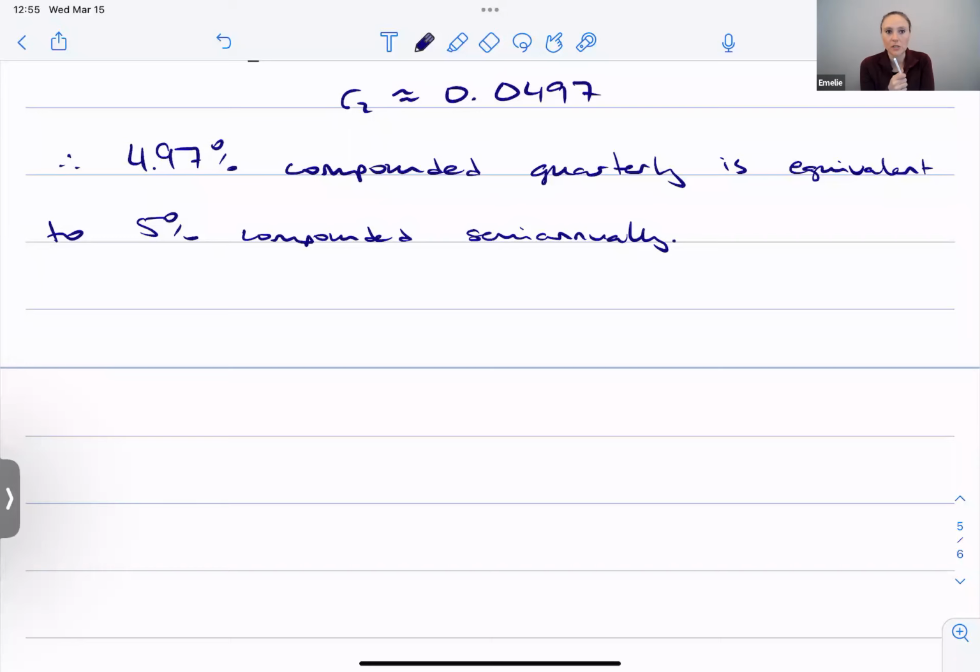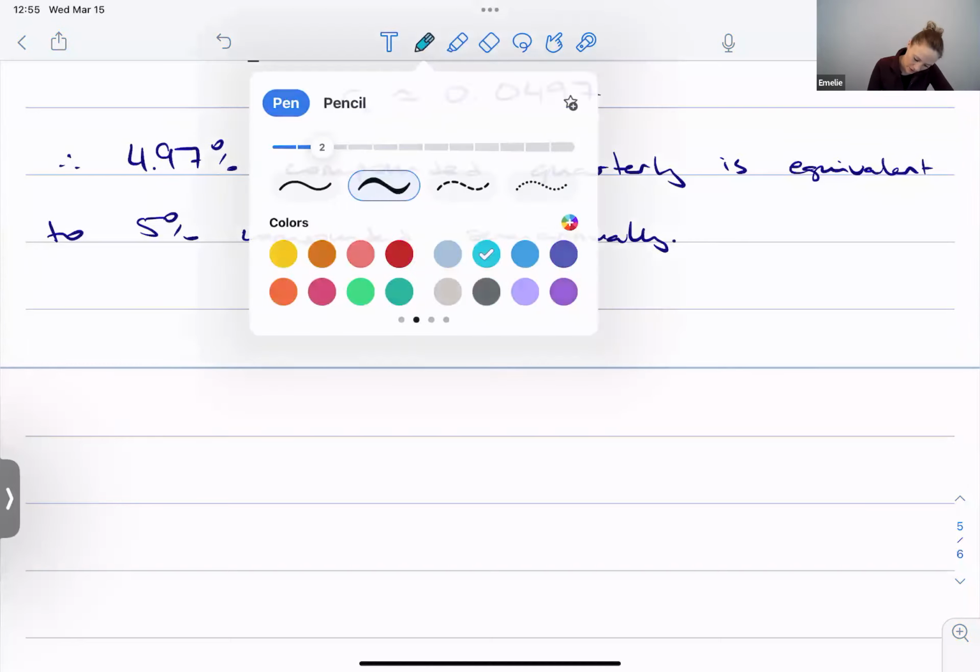Another special case is if you have a continuously compounded rate, so F1 is continuously.